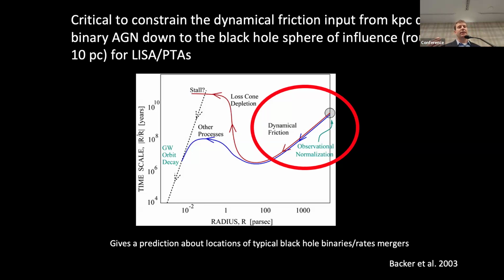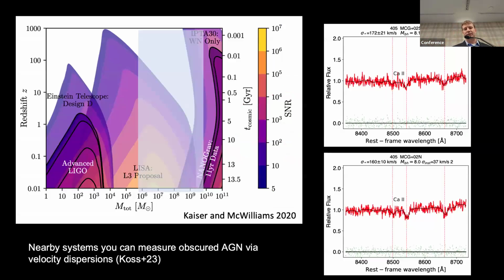And this is something where mergers and dual AGN, where we know there's a black hole there, are really critical to get an idea of what the number densities of these systems are, possibly what the fraction of binary AGN are. So this is why it is so critical to have the very high spatial resolution that you get in the low redshift universe. In the low redshift universe, we can also get very good measurements of the black hole masses.